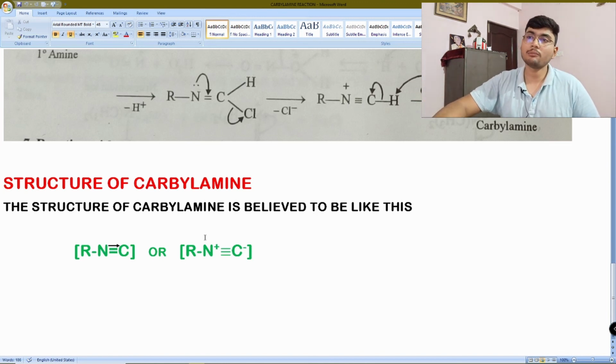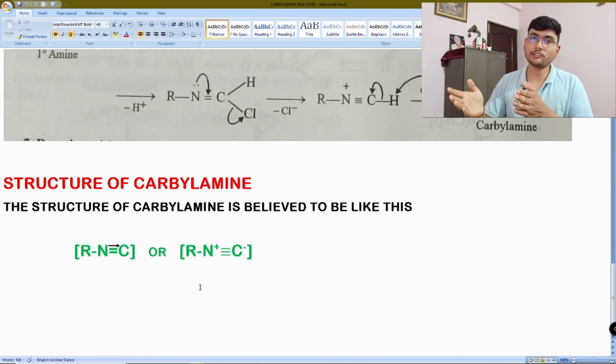Nitrogen has given a lone pair, so it will have a positive charge. Carbon has accepted electrons, so it will have a negative charge, and the coordinate bond has been replaced by a sigma bond. This is overall a neutral species, because the nitrogen has a positive charge and carbon has a negative charge.